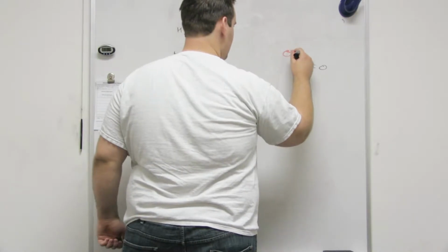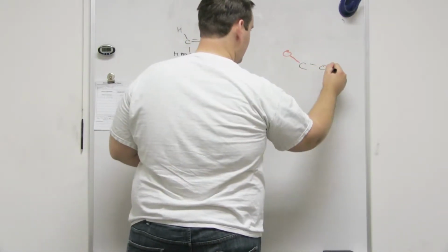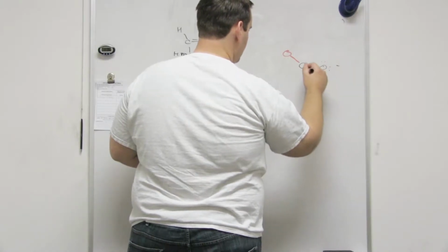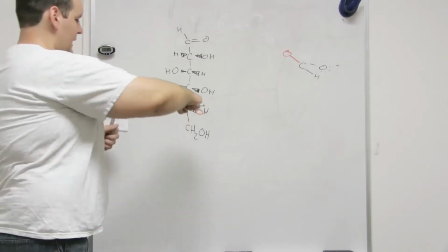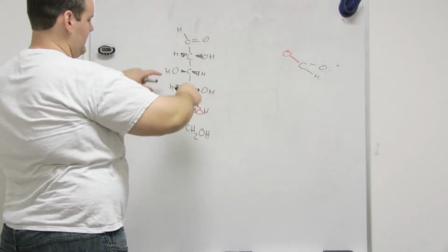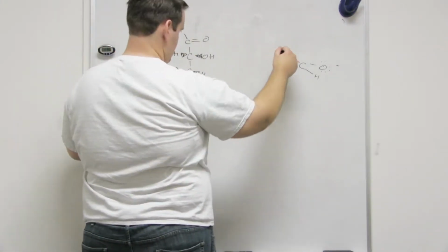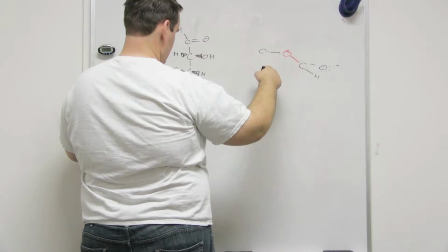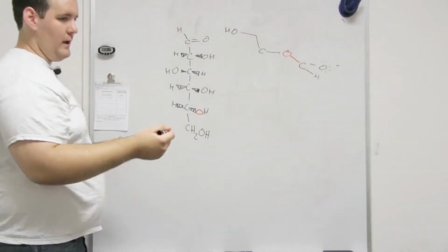So when that comes, we get a negative charge here. That hydrogen's off here. If this is wrapping up this way, this hydrogen is probably going to be back. And this CH2 is now up and out that way.